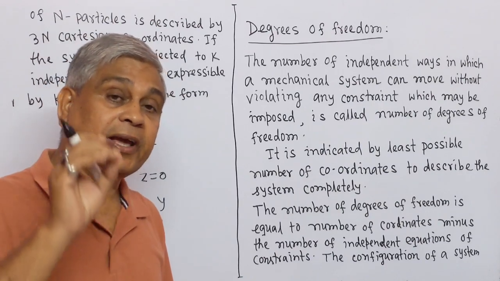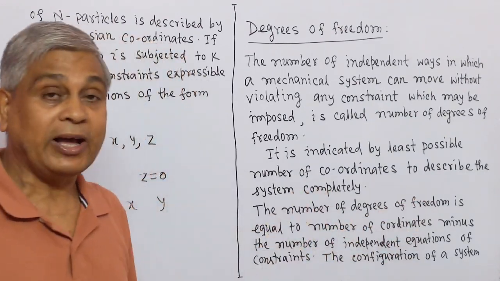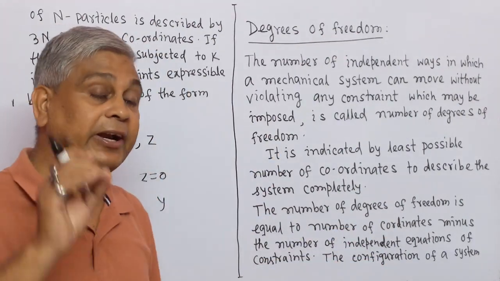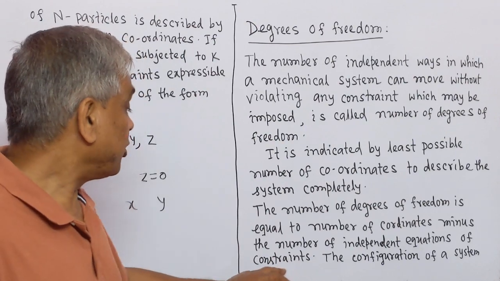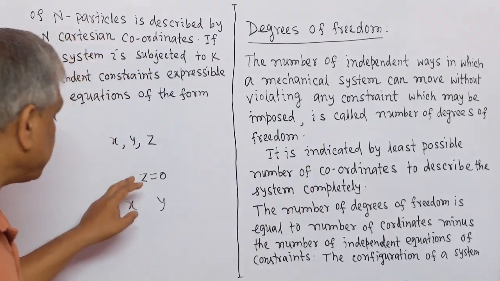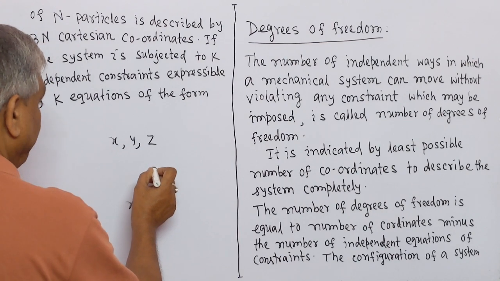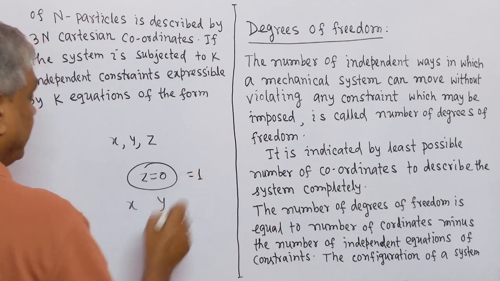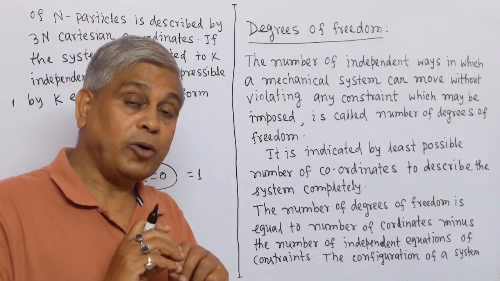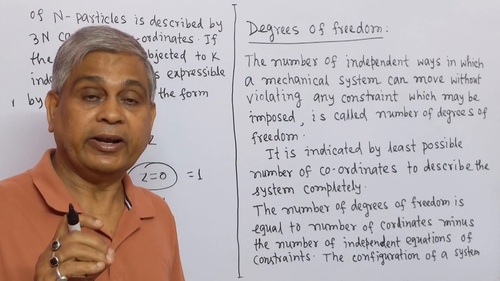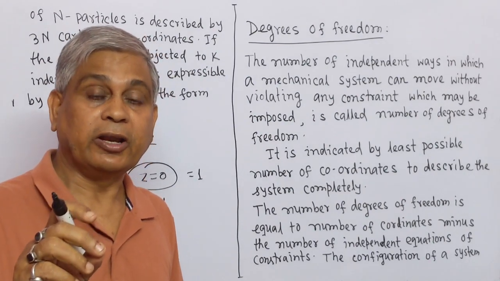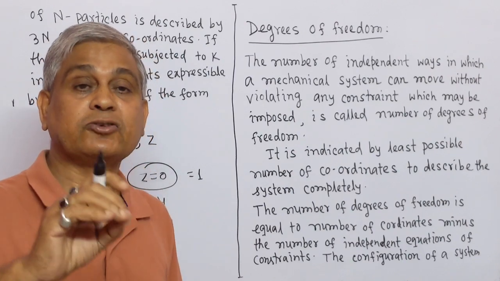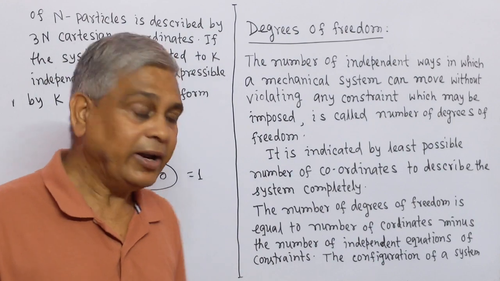The number of degrees of freedom is equal to the number of coordinates minus the number of independent equations of constraints. Here in this case the number of independent equations of constraints is 1, and the number of coordinates required for the description of the motion of the particle was 3 coordinates x, y, z, and 1 equation.